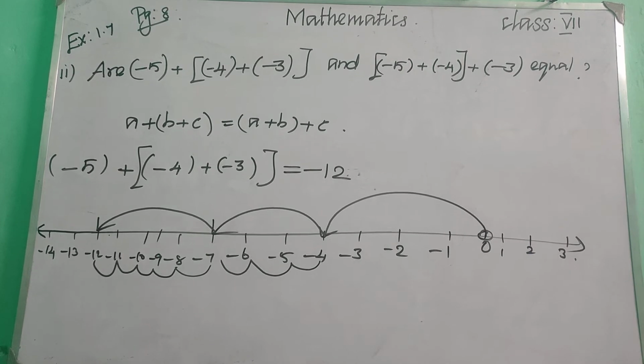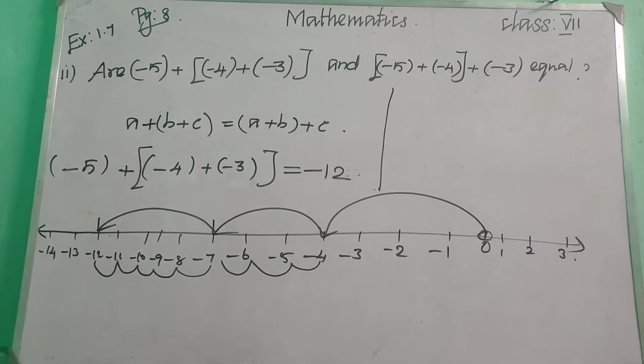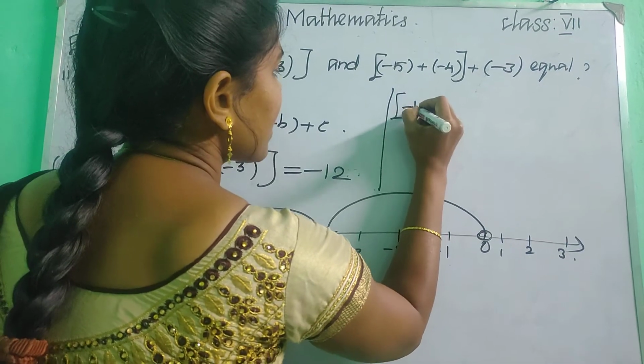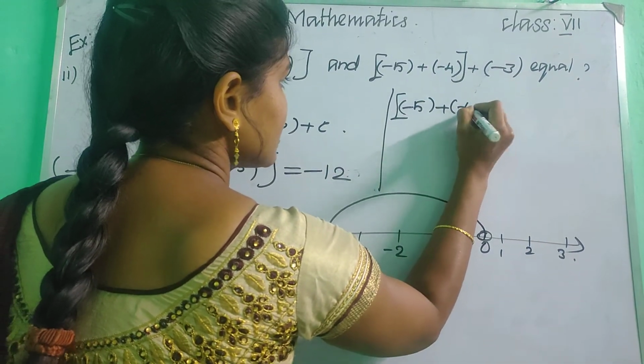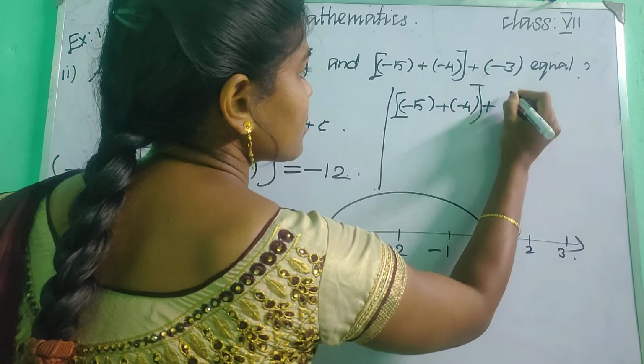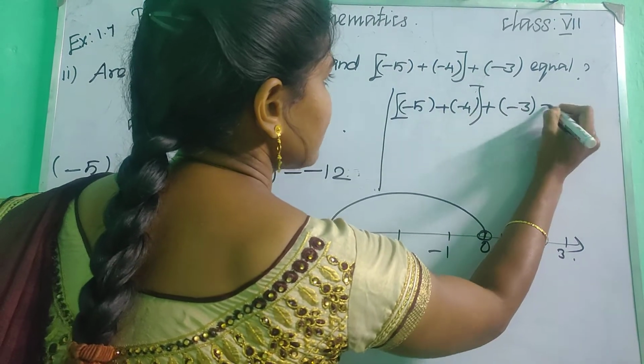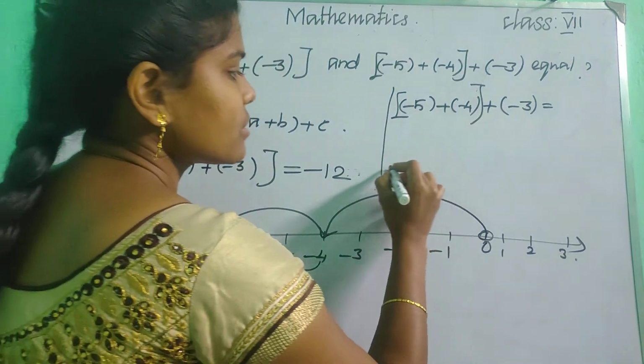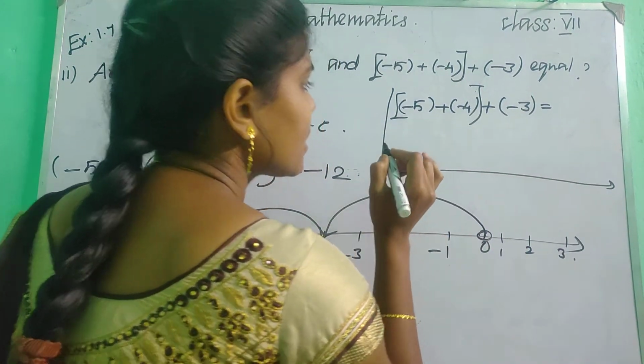Let us do the RHS, that is the right hand side. So RHS: minus 5 plus bracket minus 4 plus minus 3. We need to find the answer for this. First of all, we need to solve this bracket, right? So we draw a small number line.